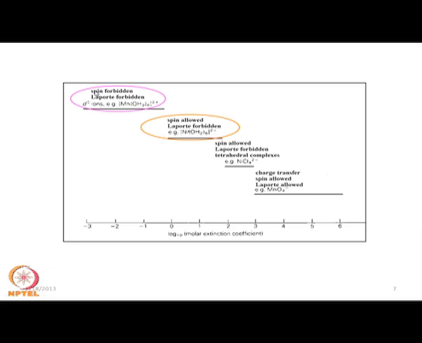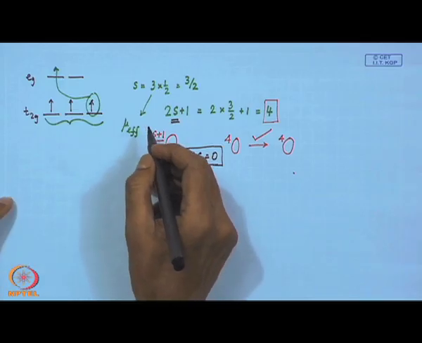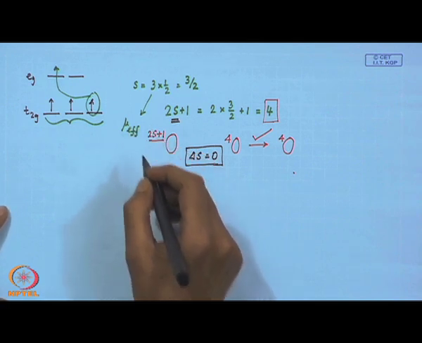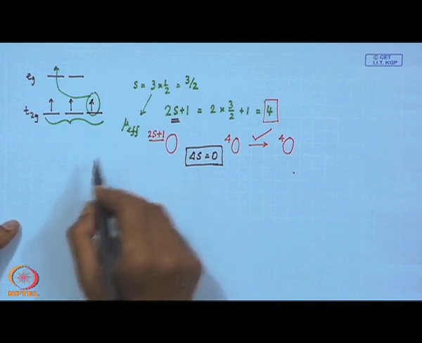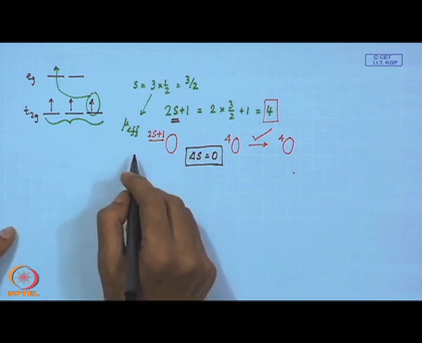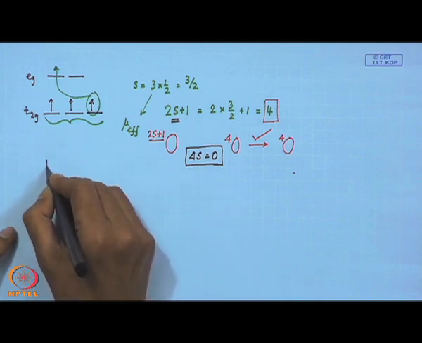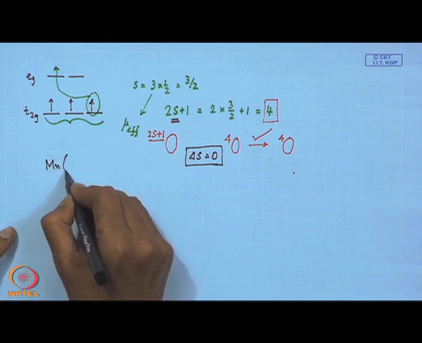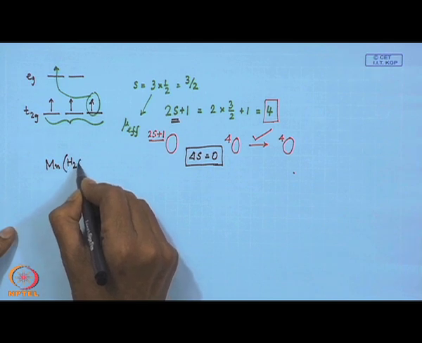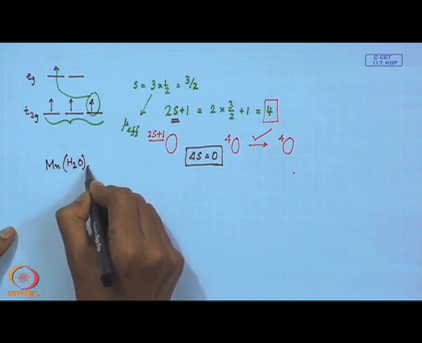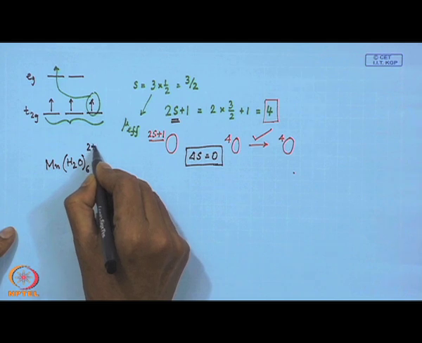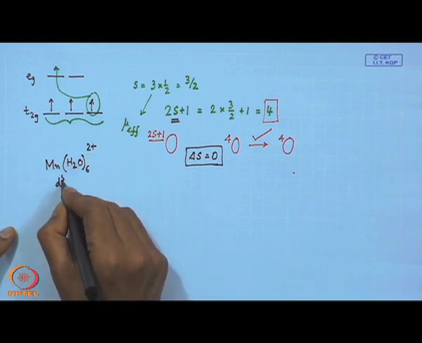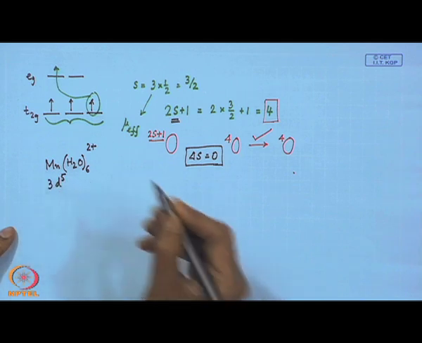One is related to the spin, and the other is the Laporte rule, that means whether we have the p-p type or p-d type. So, if we take the example of the simple hexaaqua manganese(II) ion, it is a d5 system.